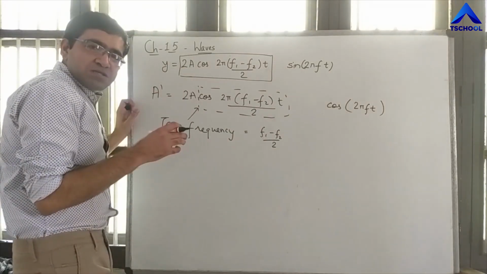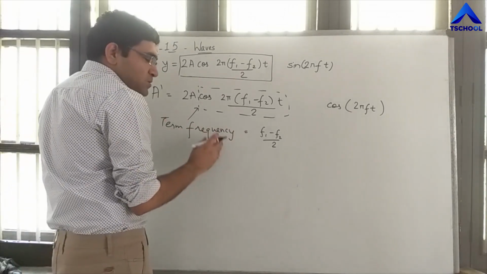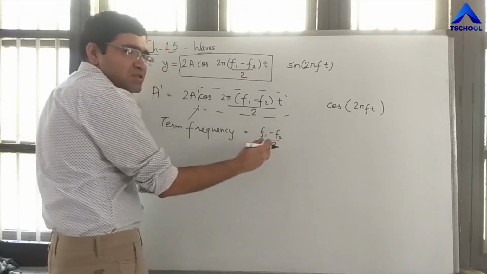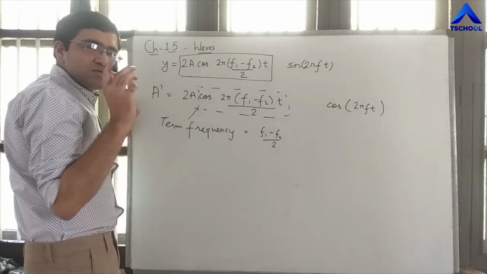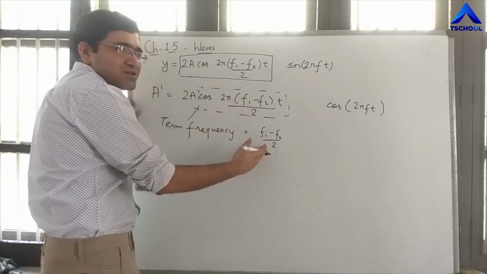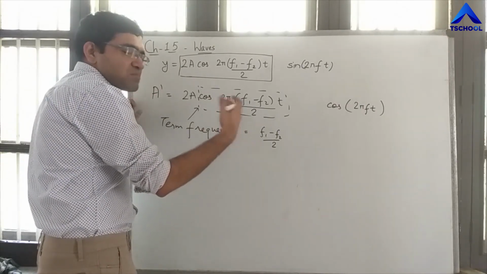Now what this means is that in 1 second this angle is going to make these many periods. I'll repeat, in 1 second this angle and this value is going to make these many periods, or these many changes, these many cycles.